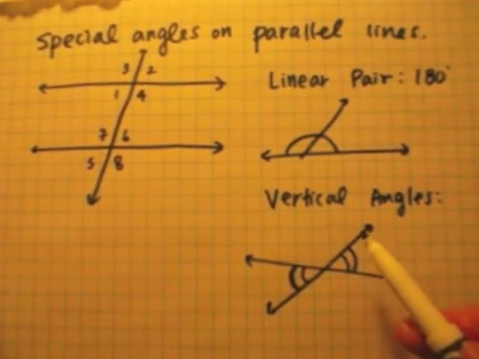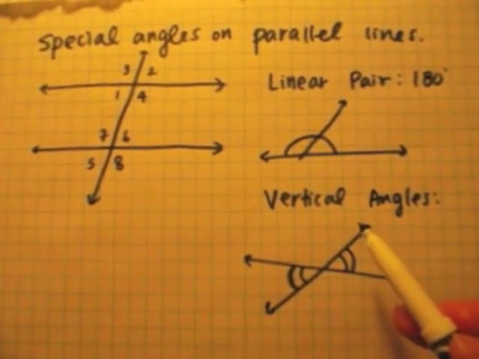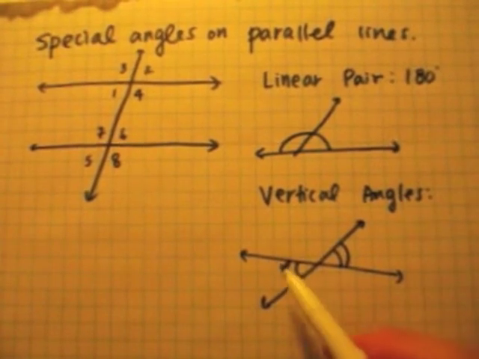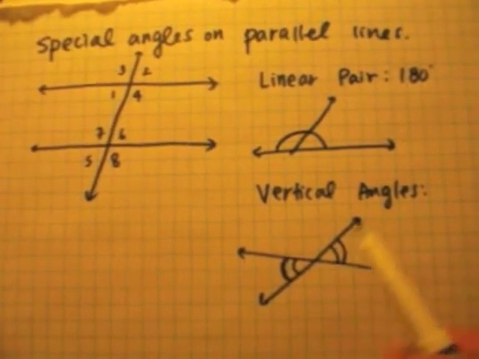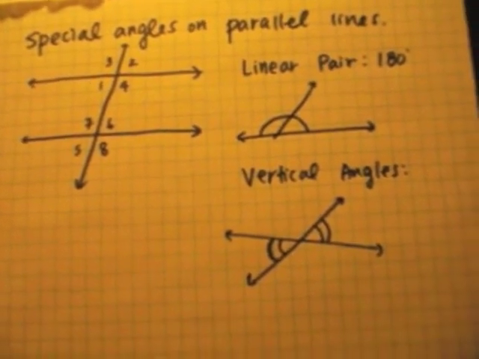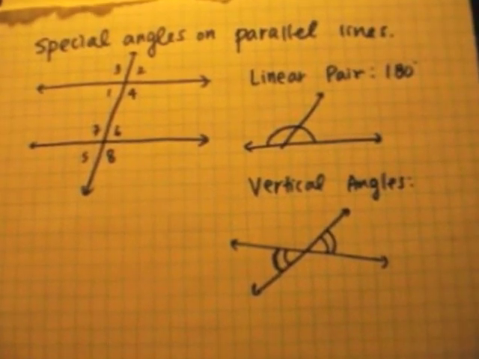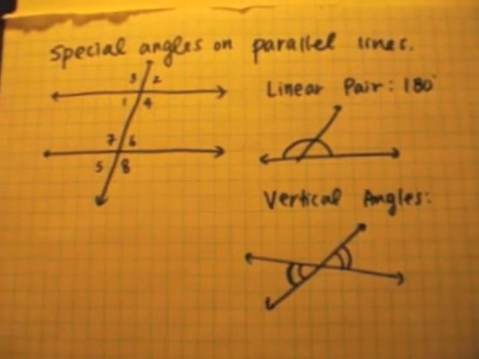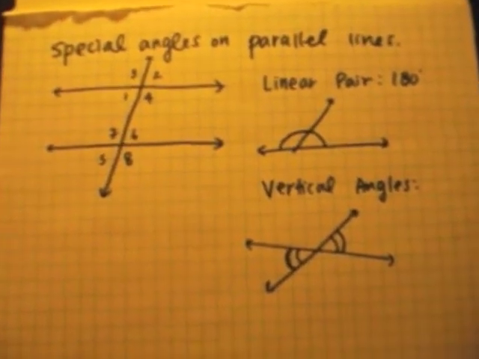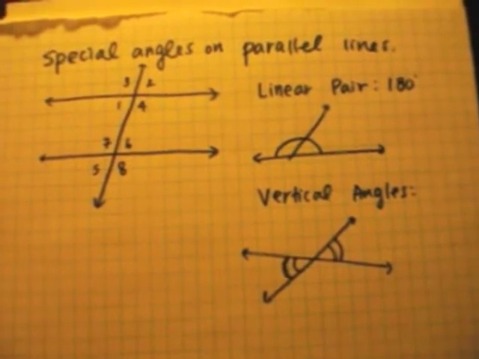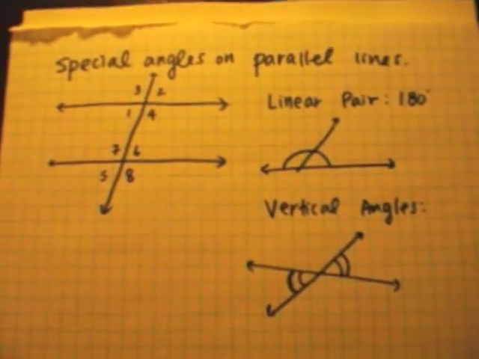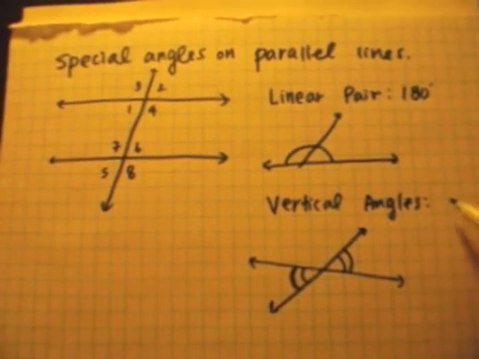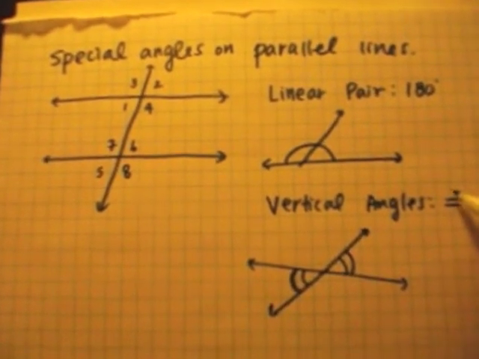Okay, the other angle relationship that we need to be very familiar with is the vertical angle. Your teacher might have called this a bow tie or whatever it is, but technically speaking, the vertical angle talks about two angles that are across from each other. They share the same vertex, and the special thing about them is that they are congruent.